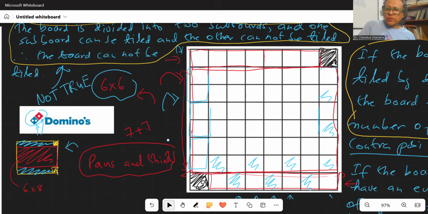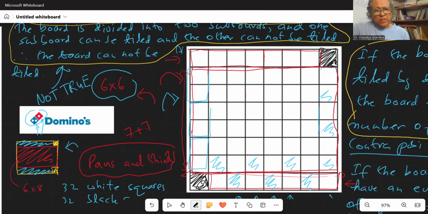And then you notice something very important, that is that the board has 32 white squares and 32 black squares, right?